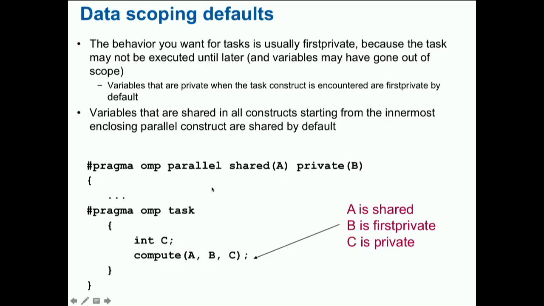And then there's this thing about all these shared variables, right? So the same concepts usually apply, and it's not that complicated. Usually what you want in tasks is firstprivate, but you can read the spec to see if you need something more special. More often than not, the default, I believe in this case, is firstprivate, and if you want it to be different, you will say it, right?